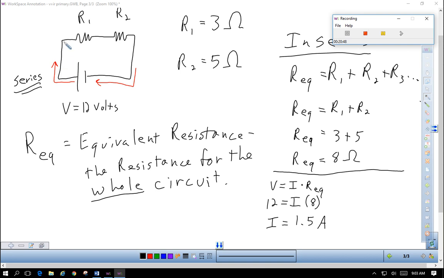That's also the amount of current that is traveling through each of these resistors. Now, I have a question. Do you think that it takes the same amount of voltage, the same amount of energy, to push 1.5 amps through a 3 ohm resistor as it does to push 1.5 amps through a 5 ohm resistor?